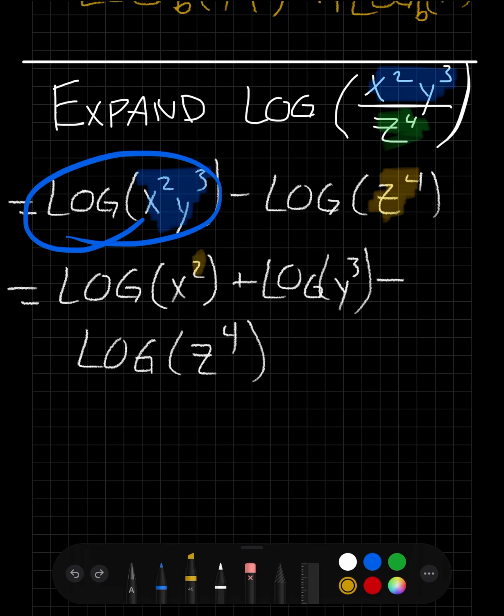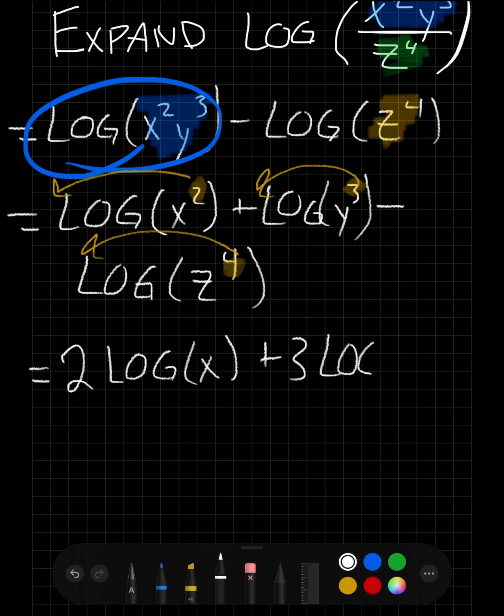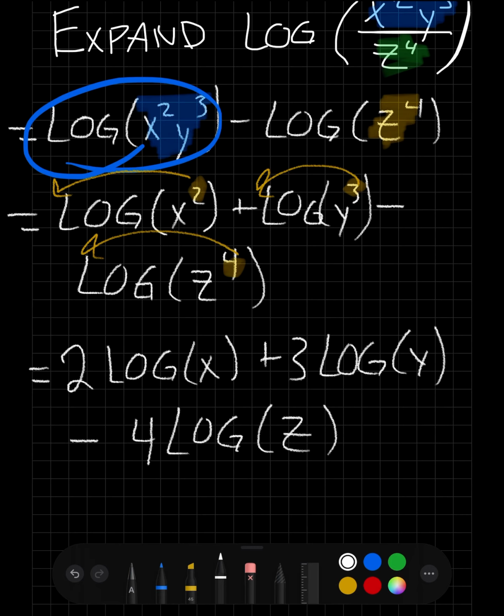Now, in each of my remaining logarithms, I have an exponent. So I'm going to use my exponent rule in each place. That exponent rule says take this exponent and bring it down to be a coefficient. So we will end up with 2 times the log of x plus 3 times the log of y, subtract 4 times the log of z.